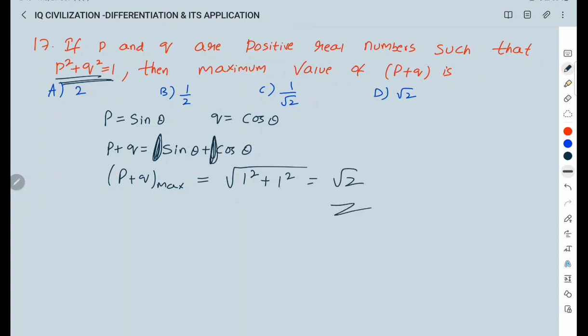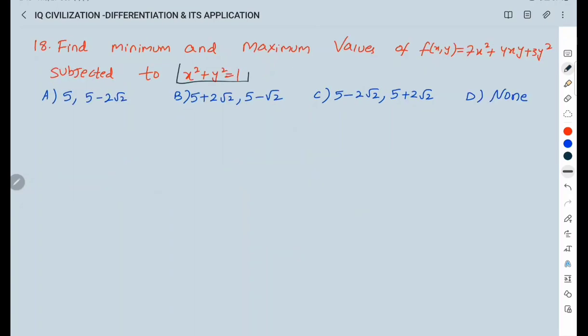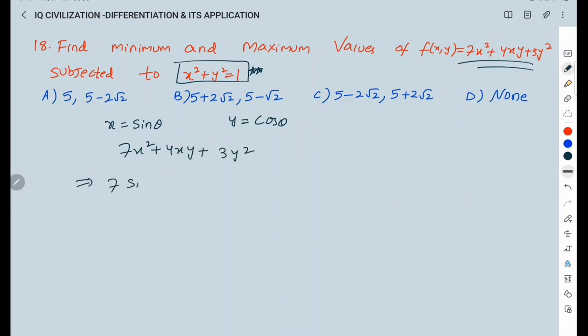Okay, next one. See, x square plus y square equals 1. That is nothing but an identity, right? That should come into our mind. x is equal to sin theta, y is equal to cos theta. The question is given 7x square plus 4xy plus 3y square. So that is nothing but 7 sin square theta plus 4 sin theta cos theta plus 3 cos square theta.